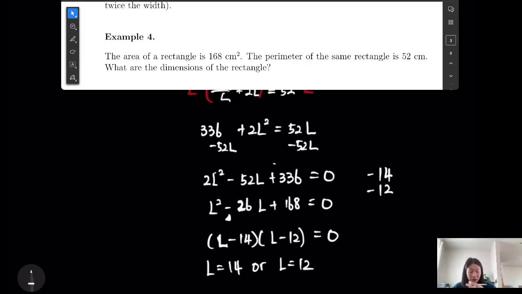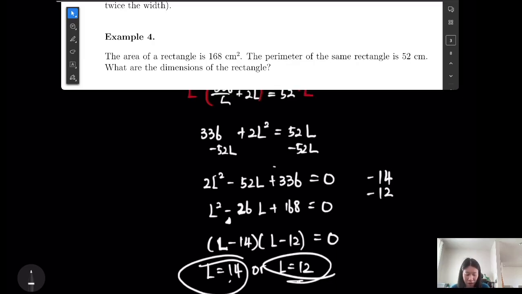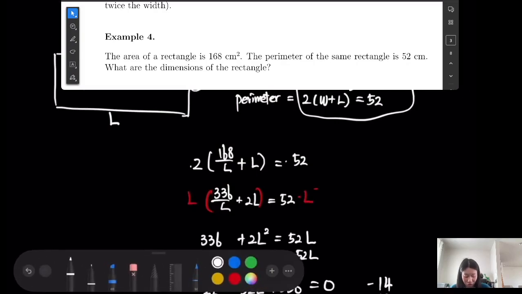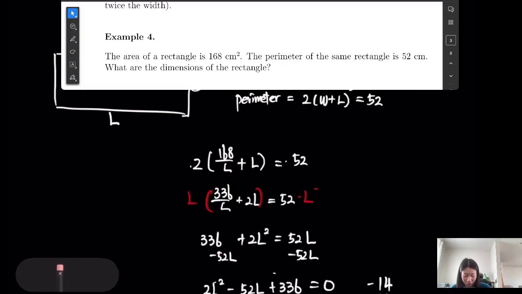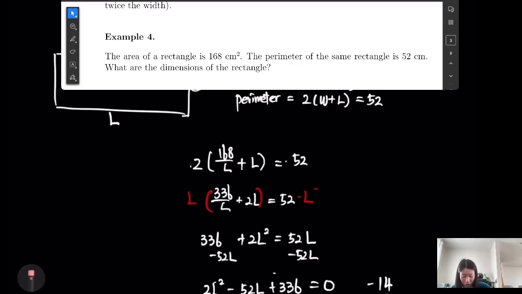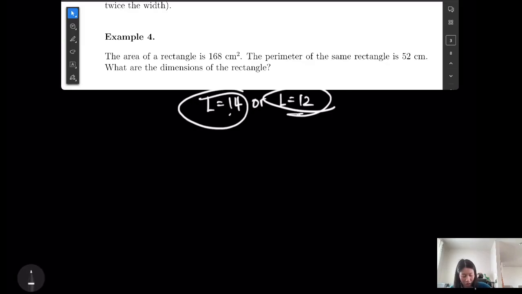So after we find the length, either one of these, that means we have two options, and then we will be able to find our width by substituting into our function, because we know that the width times the length is equal to 168.